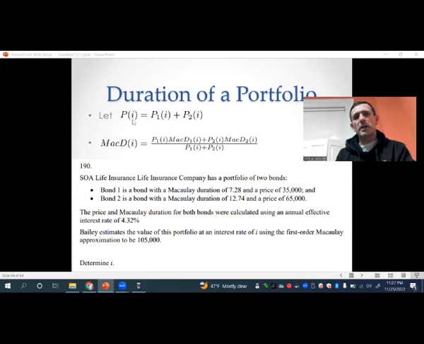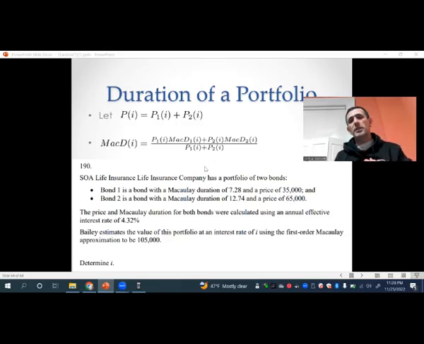In other words, if I have P, the price of the sum of any number of annuities, the formula would be: the price of the first annuity times the Macaulay duration of the first annuity, plus the price of the second annuity times the Macaulay duration of the second annuity, plus the price of the third annuity times the Macaulay duration of the third annuity. Repeat that pattern all the way to the price of the last annuity times the last Macaulay duration, all over the sum of the prices.